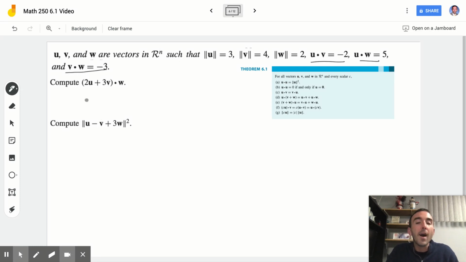So the fact that we have the vector on the right means we want to take a look at Theorem 1.1 part E. We can basically distribute by w on the right. So this would be the same thing as 2uw plus 3vw.